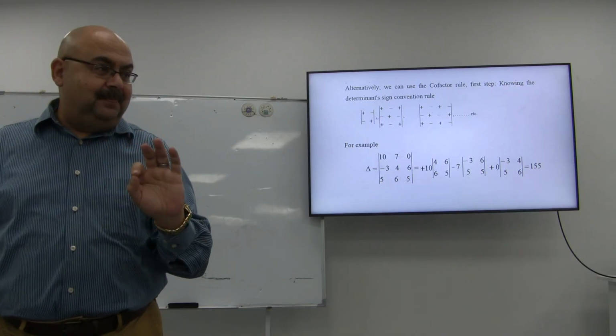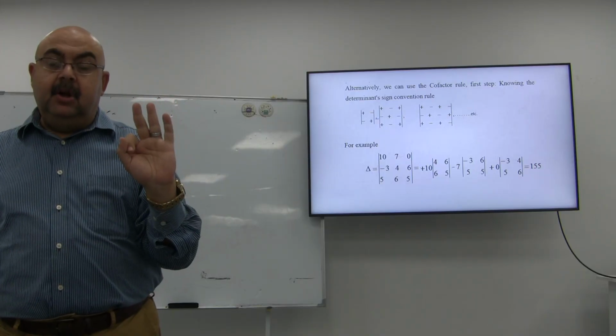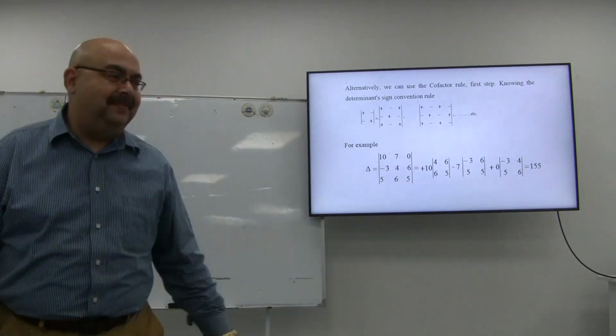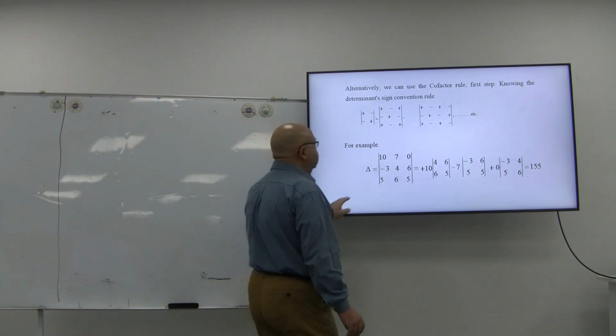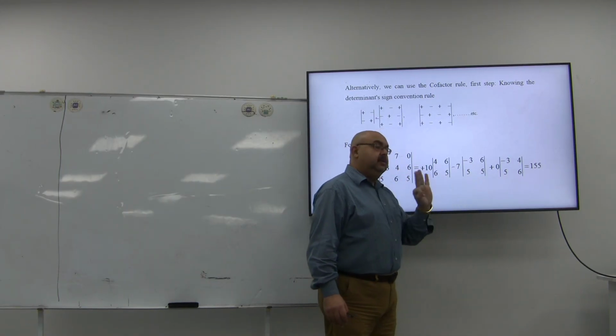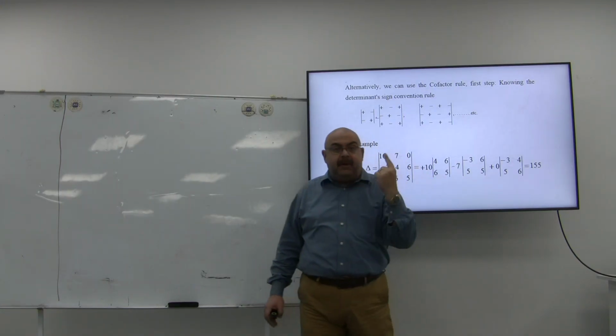But remark, for evaluating a 3 by 3 determinant, you will have 3 2 by 2 cofactors. That's what happens. This is 3 by 3. I ended up having how many cofactors? 3. All of them are less than the dimension of the first matrix by 1.